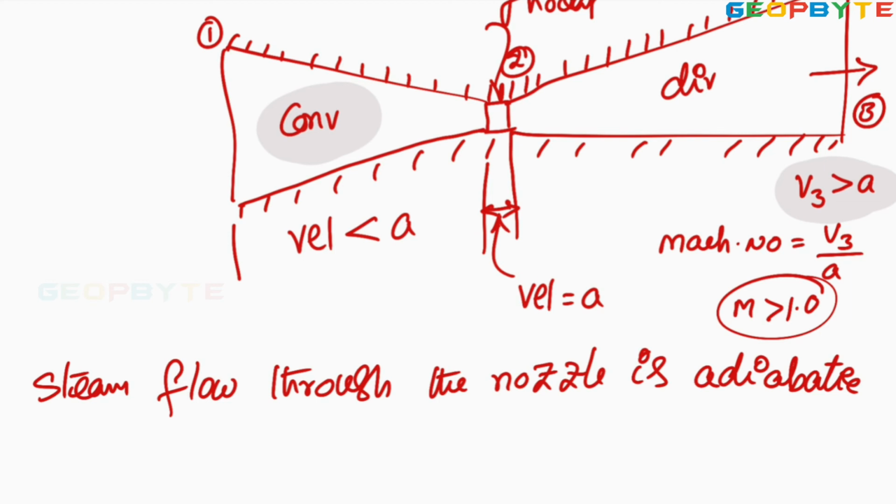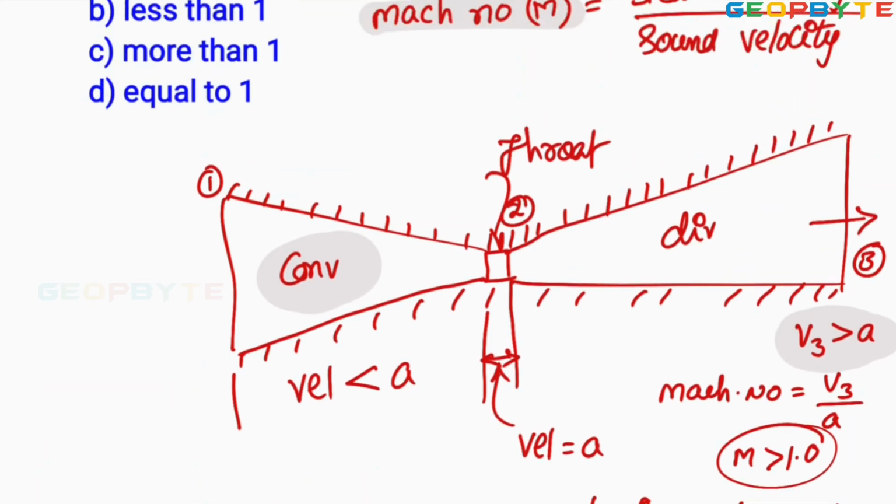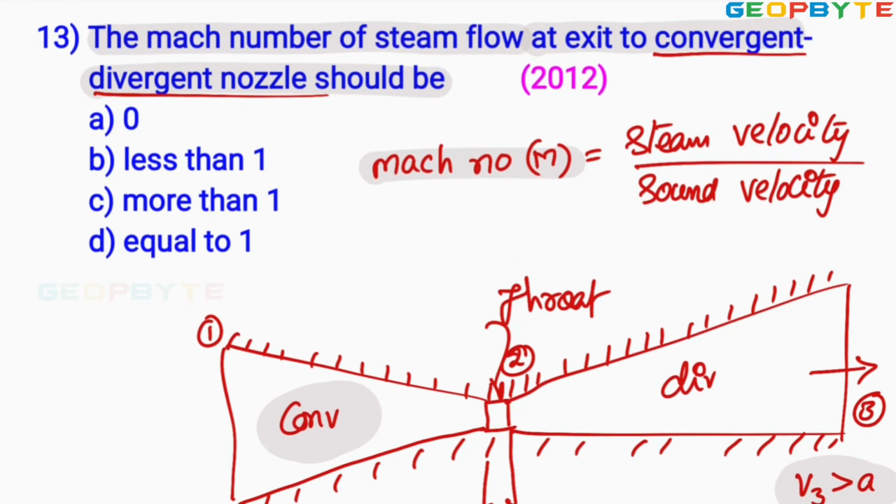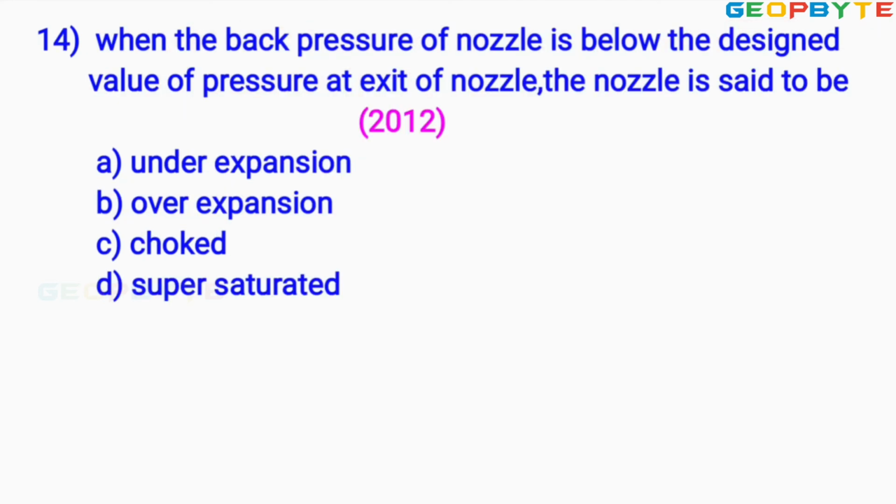Looking at the options, more than 1 is absolutely correct. Once again, let me read the problem. The Mach number of steam flow at exit of a converging diverging nozzle is more than 1 because the flow velocity is more than sound velocity. Let us go for the next problem. Look at the 14th problem.